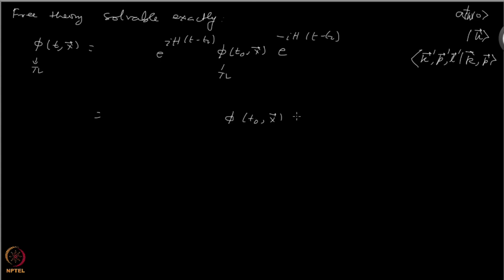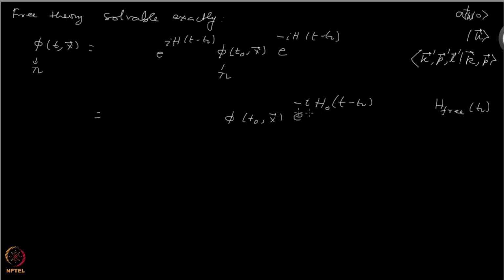But if you were to evolve the same field configuration with H naught, which is the free part of the Hamiltonian, you remember H naught is just H free at time t naught. So, that is a constant we have chosen, but the important point is that H naught is only quadratic.